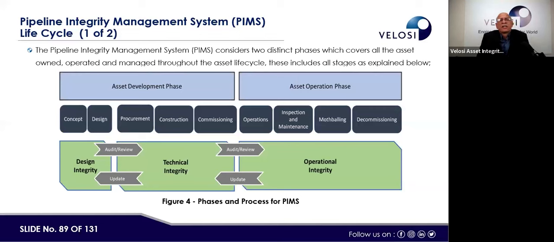So the PIM system should be able to cover the complete life cycle of the pipeline: concept, design, procurement, construction, commissioning, operations, inspection and maintenance, mothballing, and decommissioning. All these aspects are required to be managed under the PIMS program.